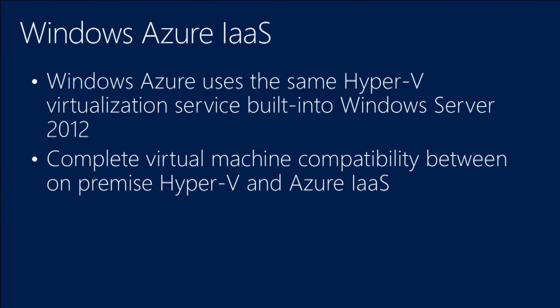When we started working on Windows Azure, they had their own custom code base, which was forked from the Windows Server code base. But it's always been our goal to get to the stage where the bits that you deploy in your private cloud were exactly the same as the bits that we deploy in our public cloud. And with Windows Server 2012, we're finally there. We think this is a huge achievement for us.